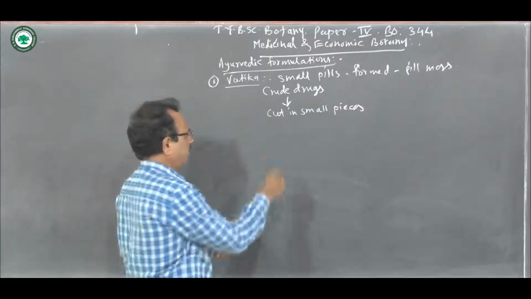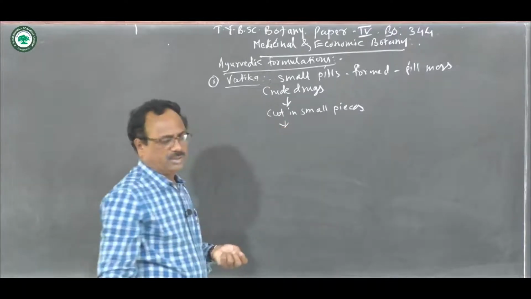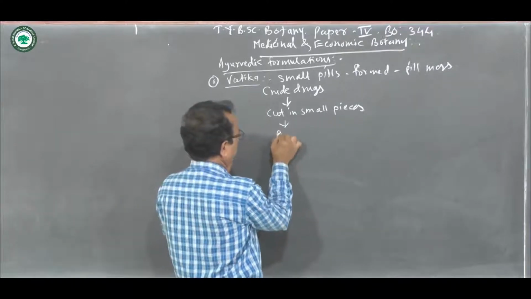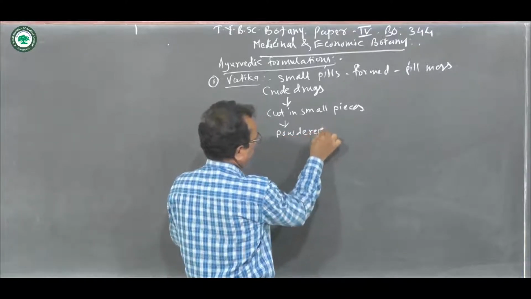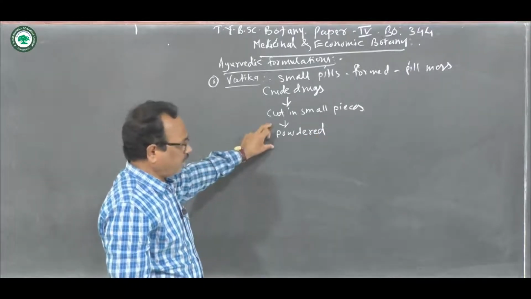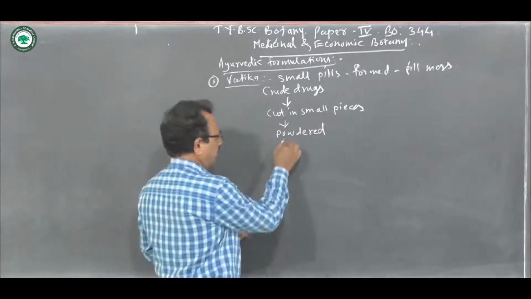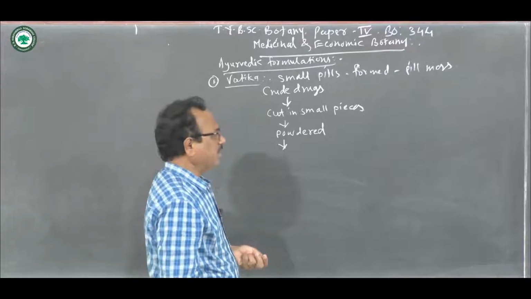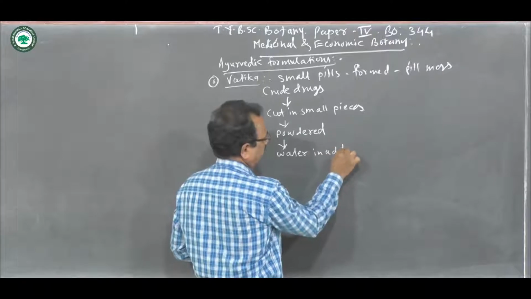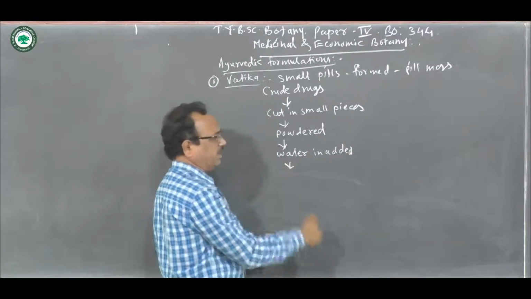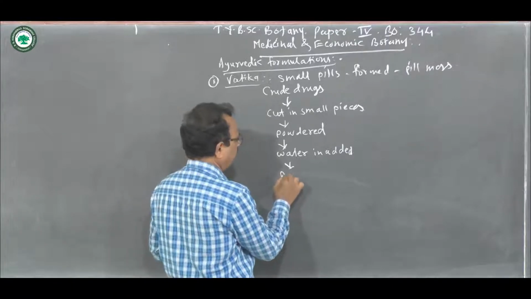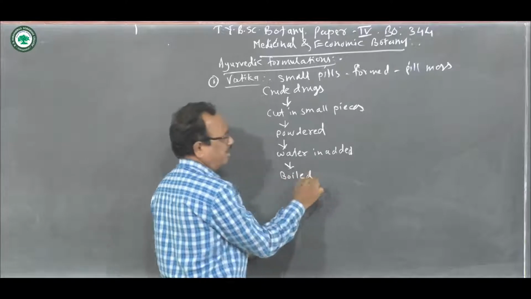Then these small pieces of the crude drug are powdered, maybe with the help of a mortar and pestle. After powdering, some quantity of water is added, and this water and the powder of the crude drug are boiled.